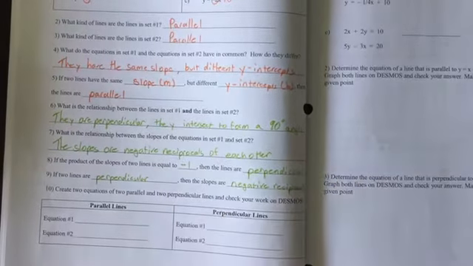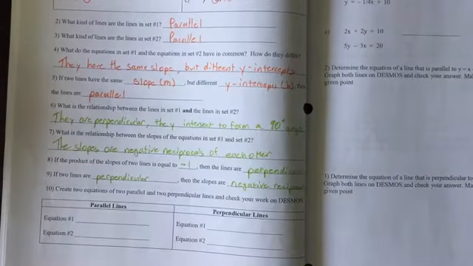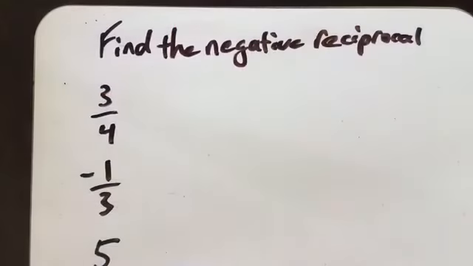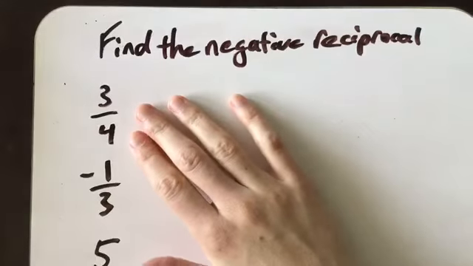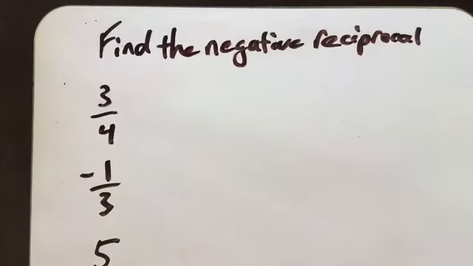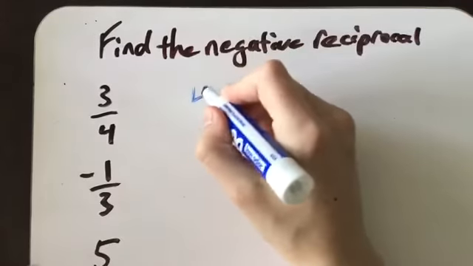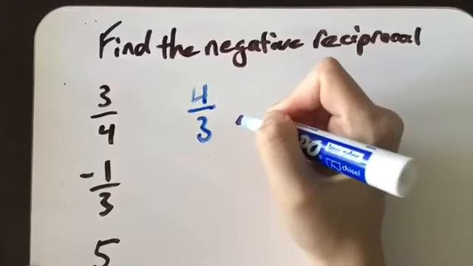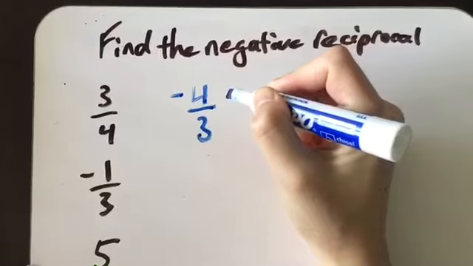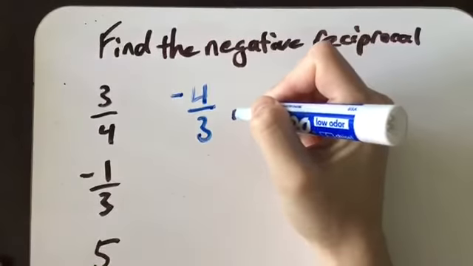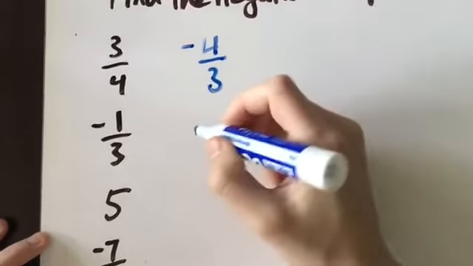And we're going to take a moment just to go and practice specifically identifying negative reciprocals. Here we're just going to practice finding the negative reciprocal of a given slope. So if we have a slope of 3/4, the negative reciprocal of that, we're going to flip it and change the sign. So it would be -4/3. Those are now negative reciprocals. -1/3, we're going to flip.